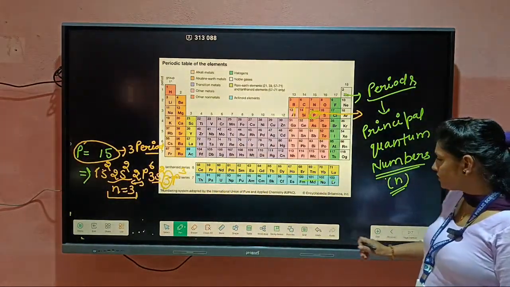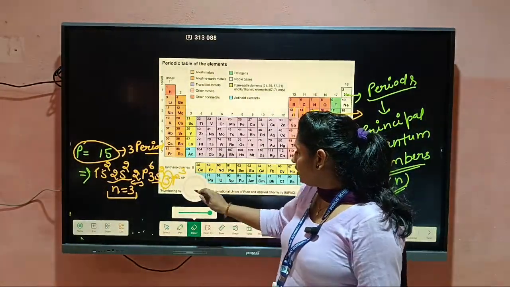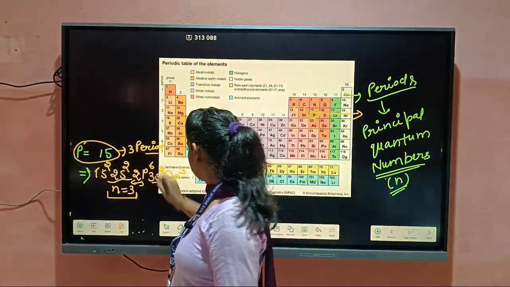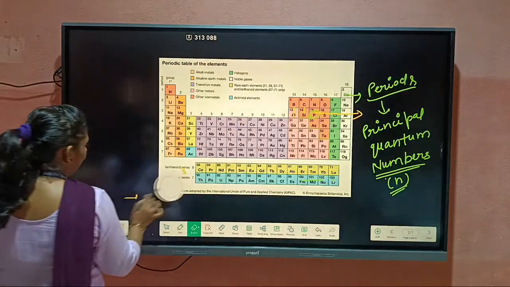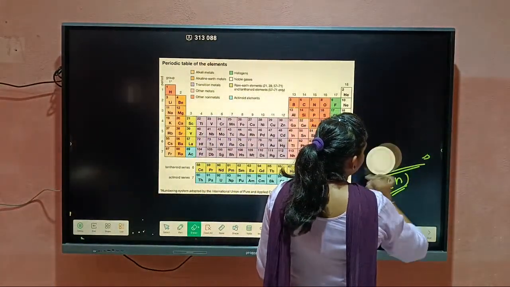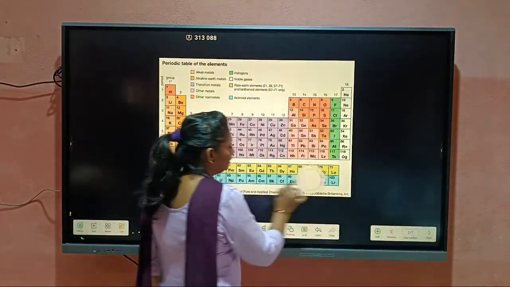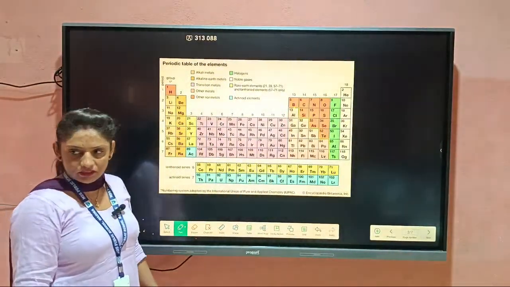And students, groups tell us about the valence electrons of an element. Groups tell about the valence electrons, meaning how many valence electrons there are, by which we can tell about the group of that element.